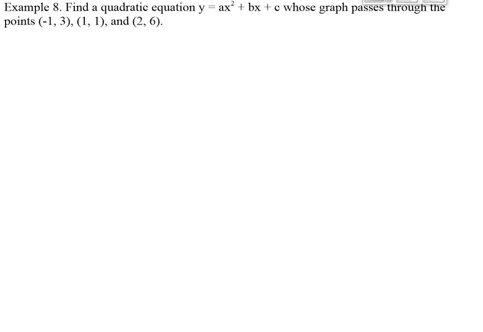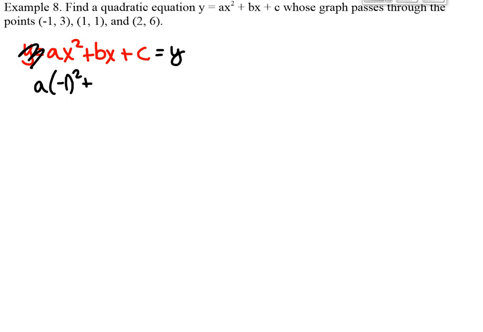So the first thing I'm going to do is y equals ax squared plus bx plus c. And I'm going to put in my x's and y's to get my 3 original equations. So in this case, when I put this in, I'll have a times -1 squared plus b times -1 plus c equals 3.